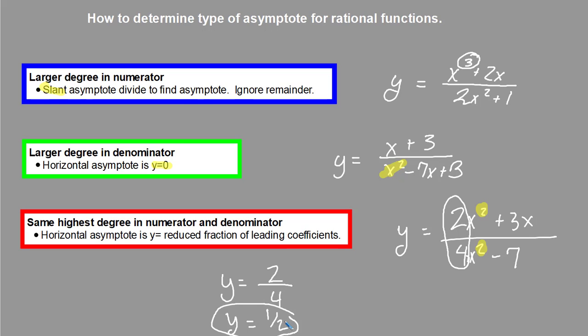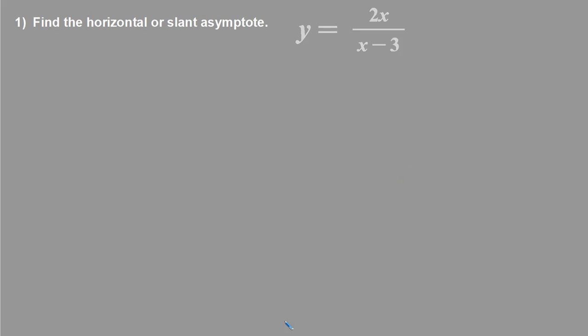So let's go ahead and work a couple of these problems. We're going to first determine, is this a horizontal or a slant asymptote? And then we are going to find that asymptote. So if I look at my highest degree, there's nothing stated, so that means it's 1 over 1. So they match. That means I need to look for my leading coefficient.